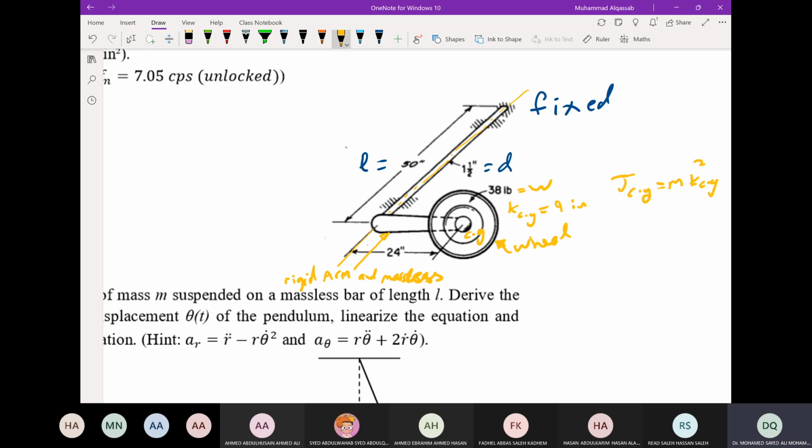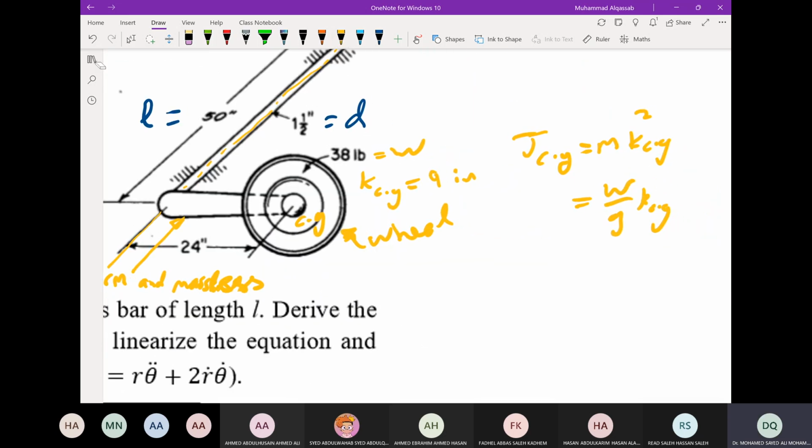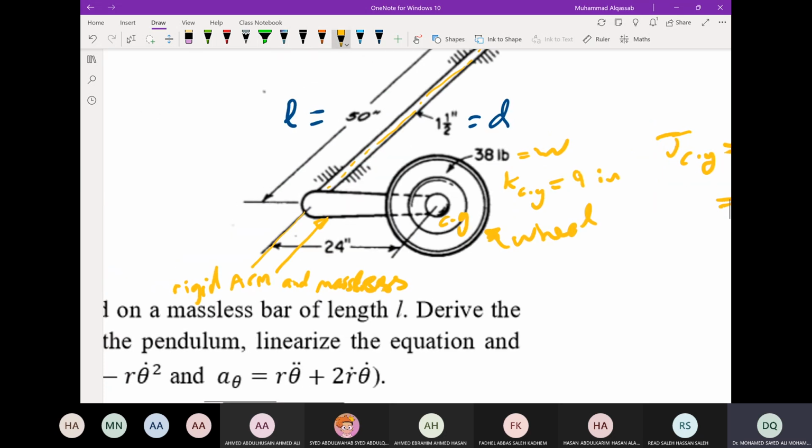Okay, this is the moment of inertia, and the mass equal to the weight over g times KCG squared. Okay, the center of gravity of the wheel does not lie on the axis of rotation, so we need to use parallel axis theorem.